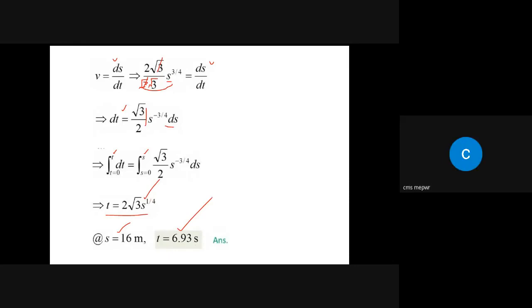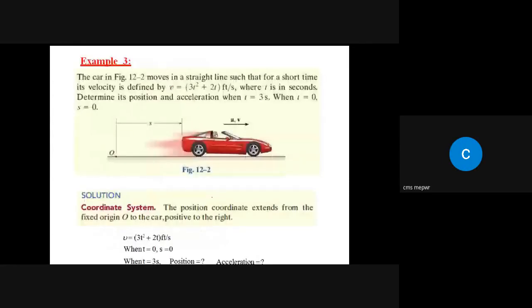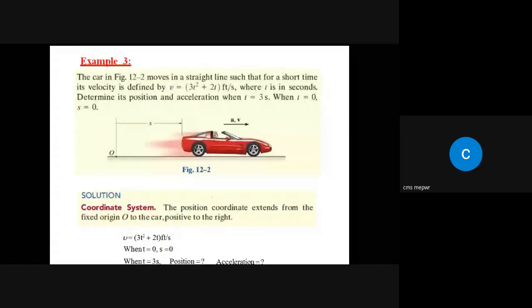Now example 3. Remember, in today's class, whatever I am teaching you is from your book RC Hibbeler. The same content has been given in the JL Meriam dynamics book and in RC Hibbeler. RC Hibbeler chapter 12 onward is basically related to dynamics.